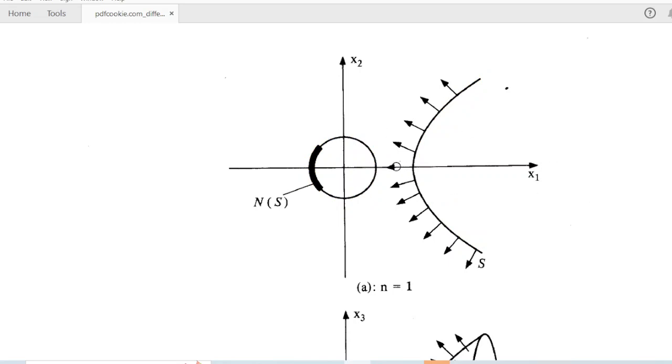And we will consider the normal vector field. These are the normal vector fields on S, and we will be considering these vector fields at the origin, the center of the circle. Suppose we translate this normal vector field to the origin of the circle, then it will be like this.